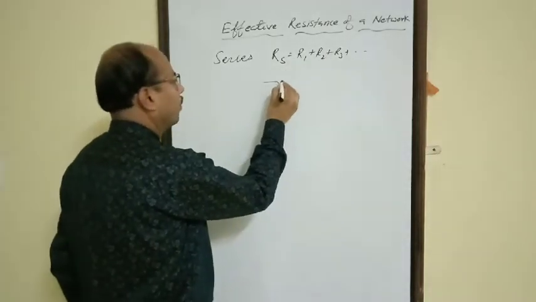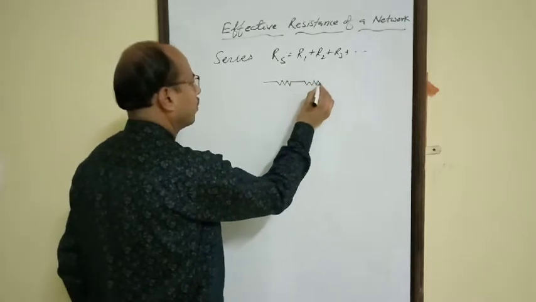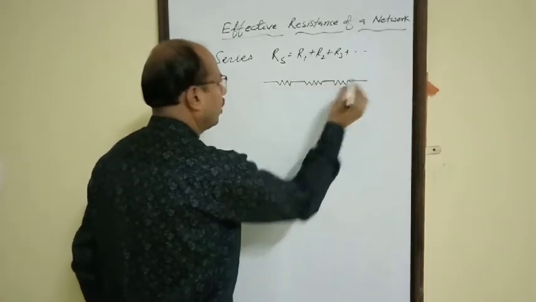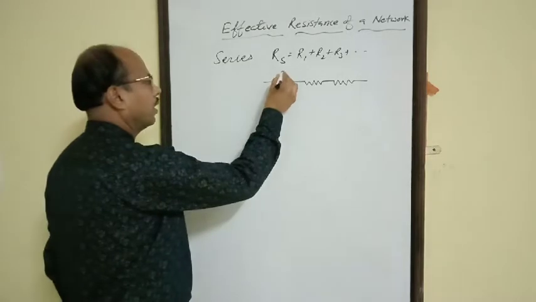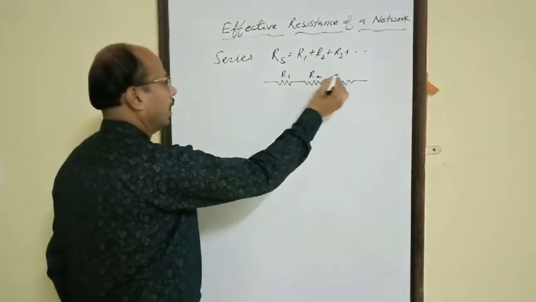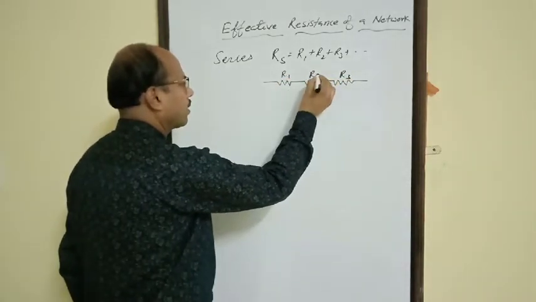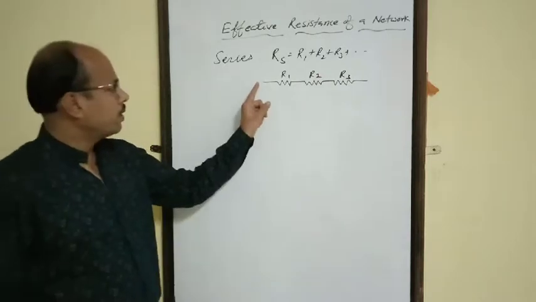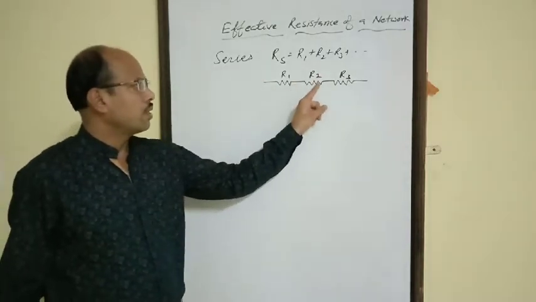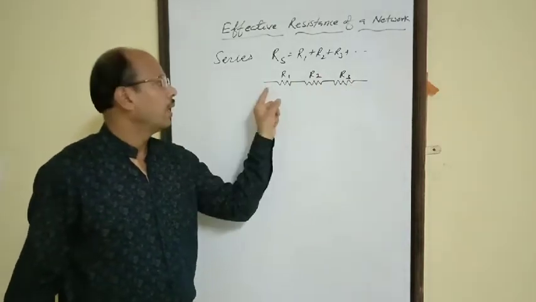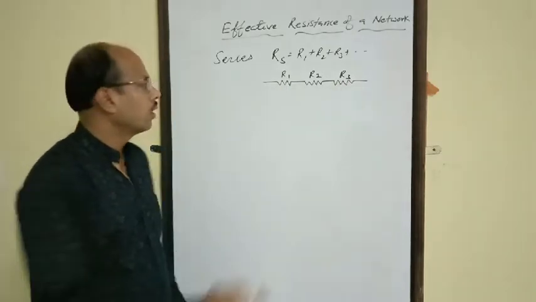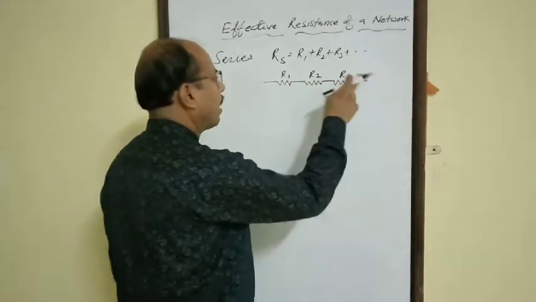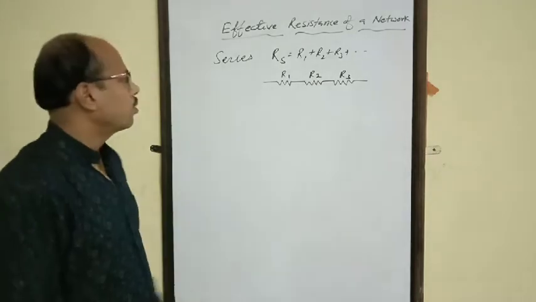For example, I am drawing the diagram. These three resistors, here it is R1, here it is R2 and here it is R3. These are connected in series, one by one. This type of combination is known as series combination.